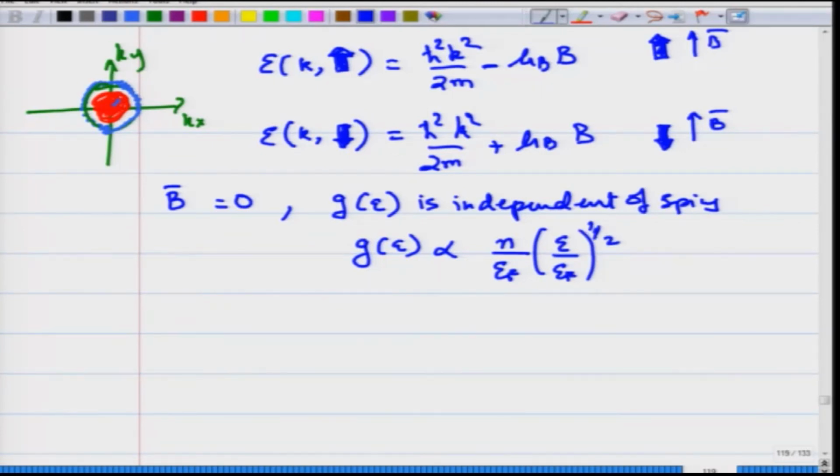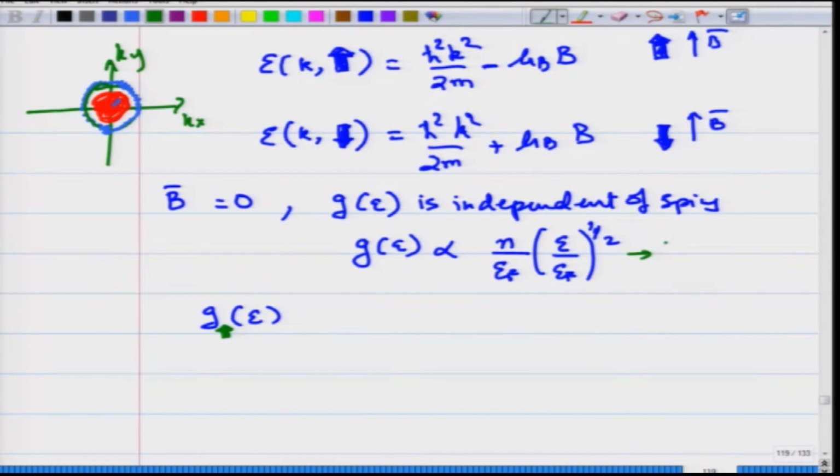There is no component related to the spins, it just depends on the energy of the electron. And so, there is no spin dependence. You can consider that the density of states for moments in the up direction is identical, because each state is occupied by 2 electrons, one spin up and spin down, or magnetic moment up and magnetic moment down.